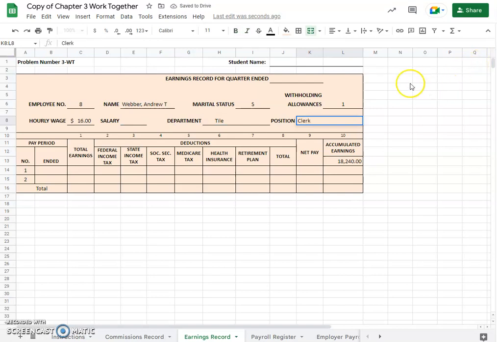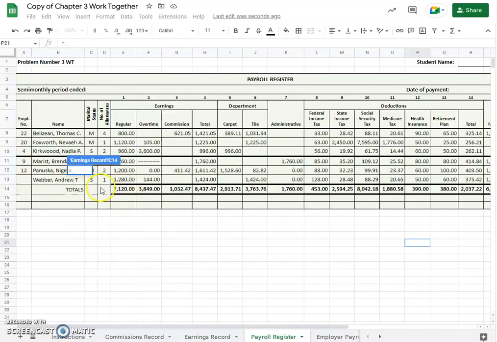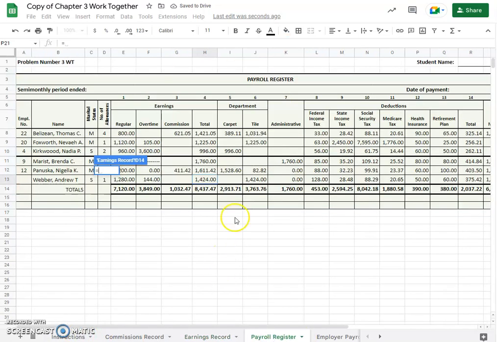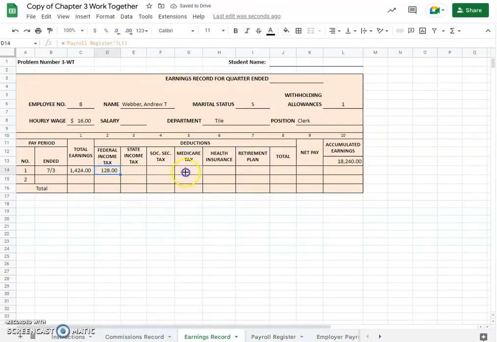Okay, so for this period, ended the 3rd of July, his total earnings from our previous tab, payroll register, his total earnings would be here, $14.24. And then federal income tax, we can come right back to our payroll register. Federal, state, Social Security, Medicare, all of those drag straight across.